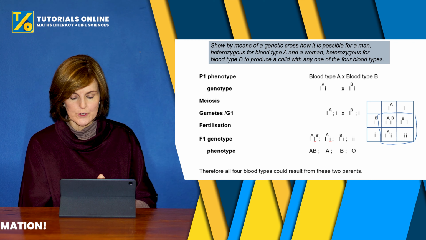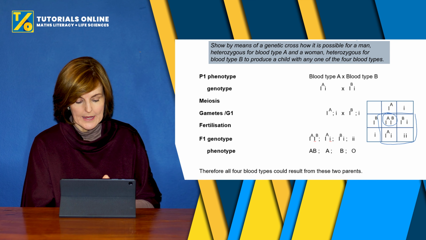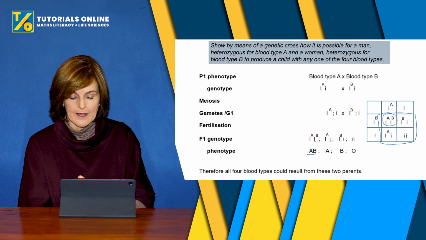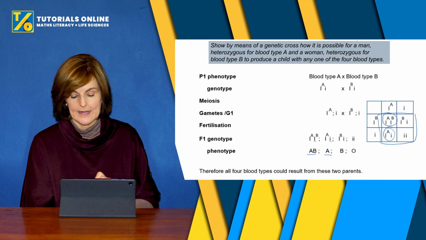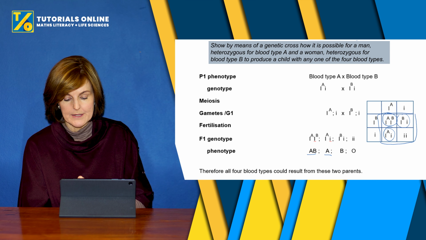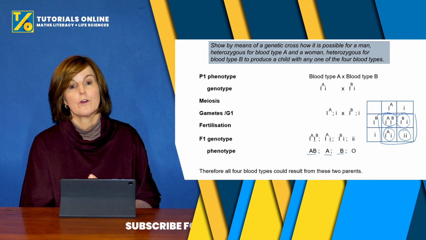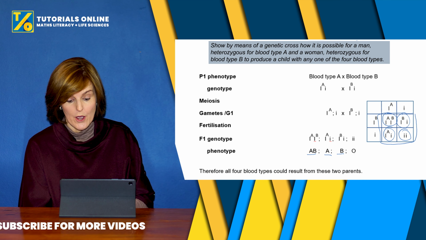The first one here is IA IB, and that will give you blood group AB. Then you've got IA small letter i, that will give you blood group A. And then IB with small letter i gives you blood group B. And lastly, you've got the 2 recessive alleles, which gives you the blood group O.